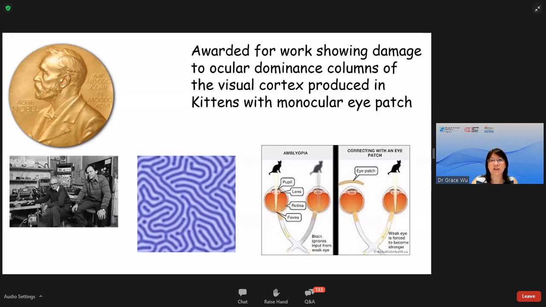And they found that when the kittens had their eyes patched, the ocular dominance columns of the visual cortex were not fully developed. And hence later on, when the kitten became a lot older, became a cat, and they unpatched the eye, this did not change the development of the brain.